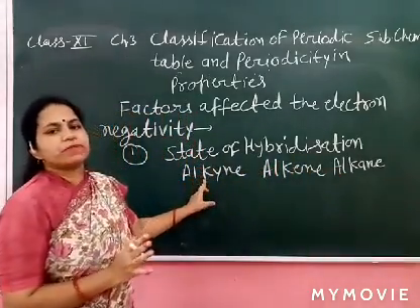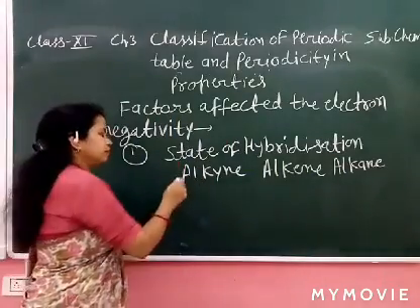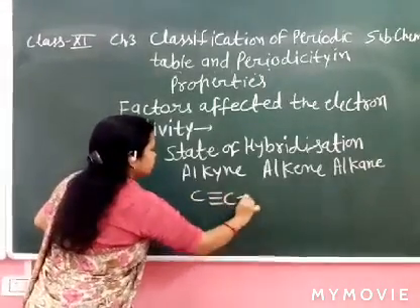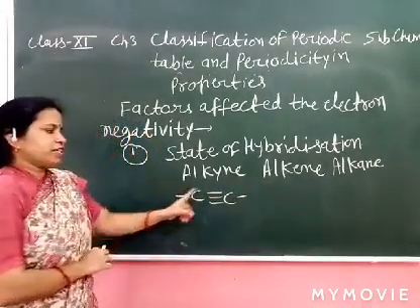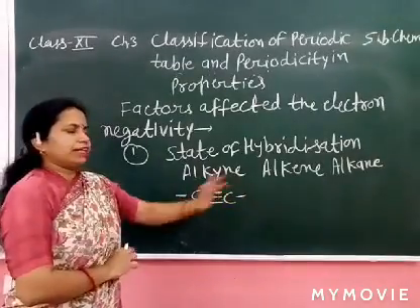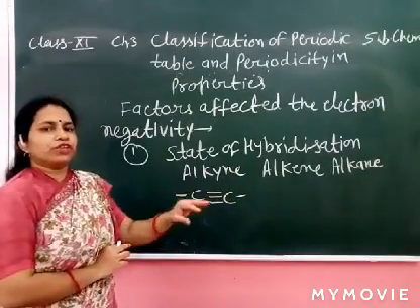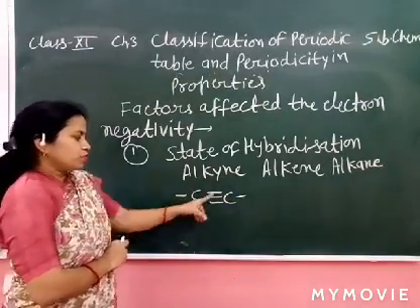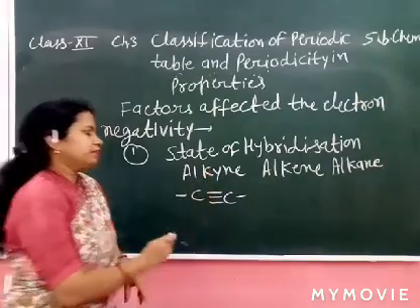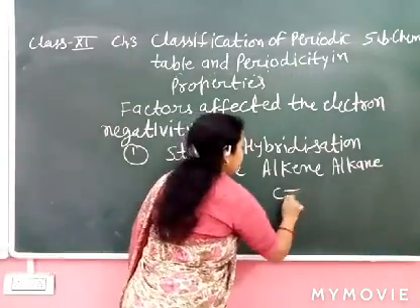When a triple bond is present, it is called an alkyne. Triple bond C, the dash means there is a valence, and any atom can attach, hydrogen, chlorine, fluorine. So C triple bond C, this is the alkyne. Next, alkene.